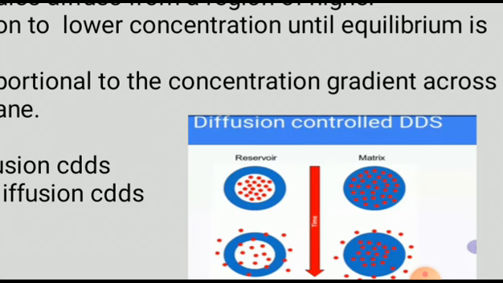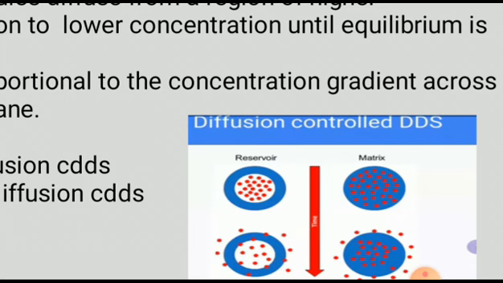After contact with the dissolution fluid at time t, the drug particle diffuses out from the rate controlling polymeric membrane along the concentration gradient. It starts to move from the higher concentration region to the lower until equilibrium is reached. So that is the reservoir.